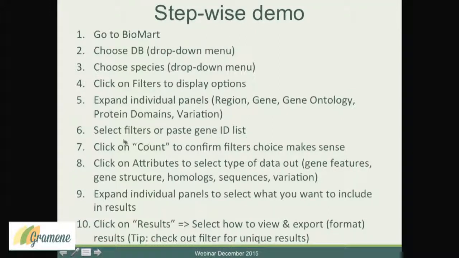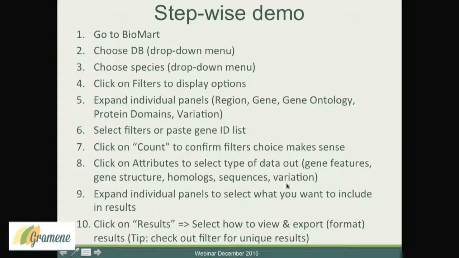Okay, so then number 6, select filters or paste a gene ID list. Always remember to count, to confirm that the filters that you choose are making sense. And the attributes are going to allow you to select what kind of features, like features or structure, or homolog, sequence variation.